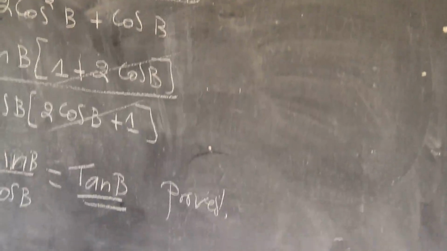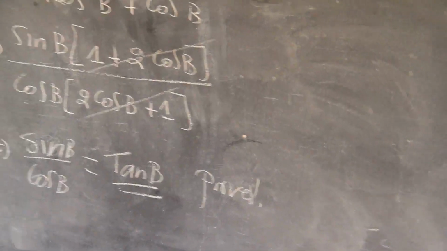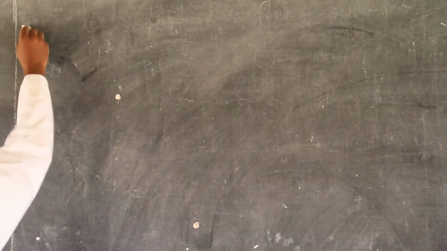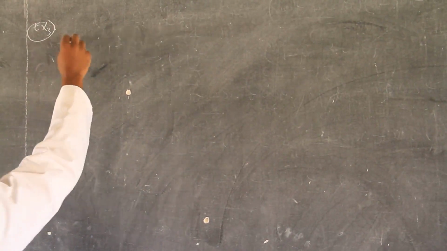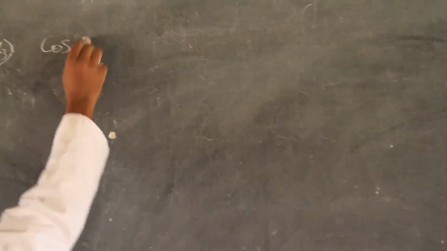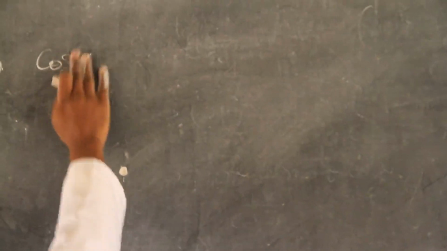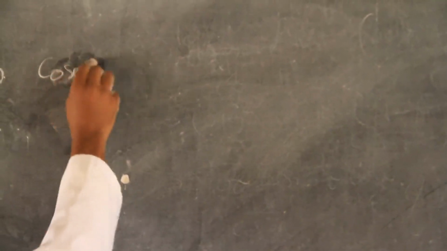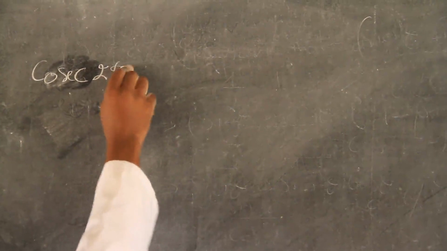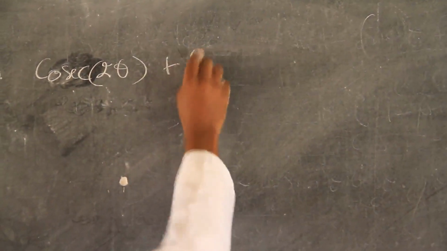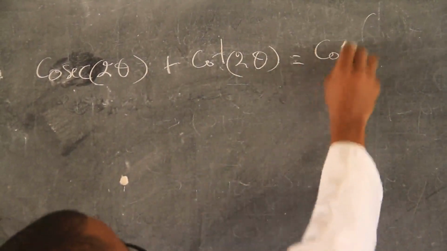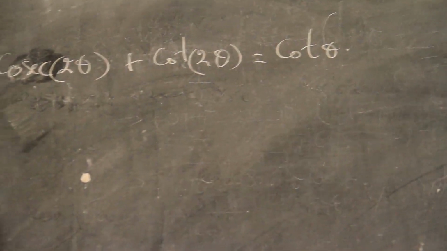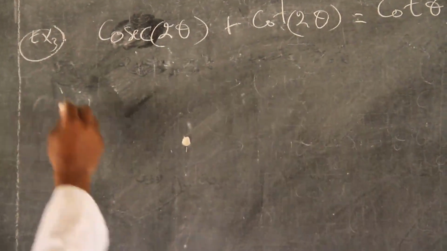So let's do example 3. Alright, let's continue with example 3. So we are proving some stuff by using double angle formulas. Cosec 2 angle plus cotan 2 angle is cot angle. So what is cosec?